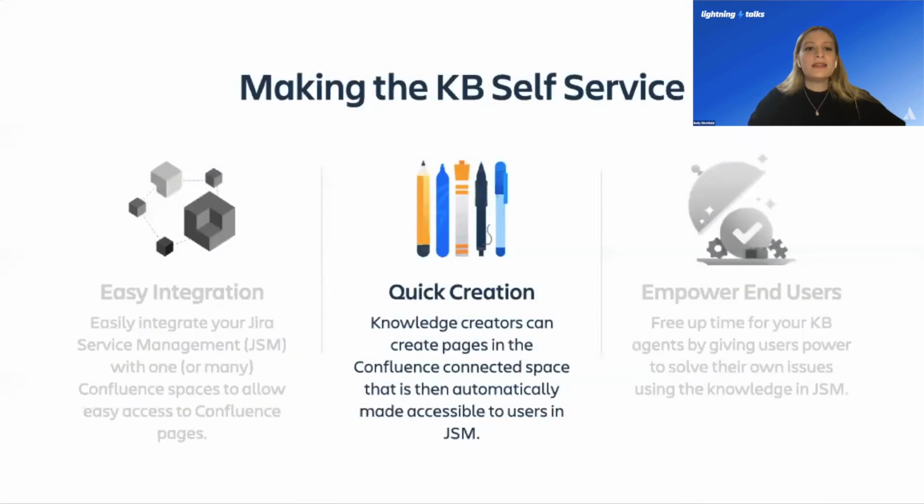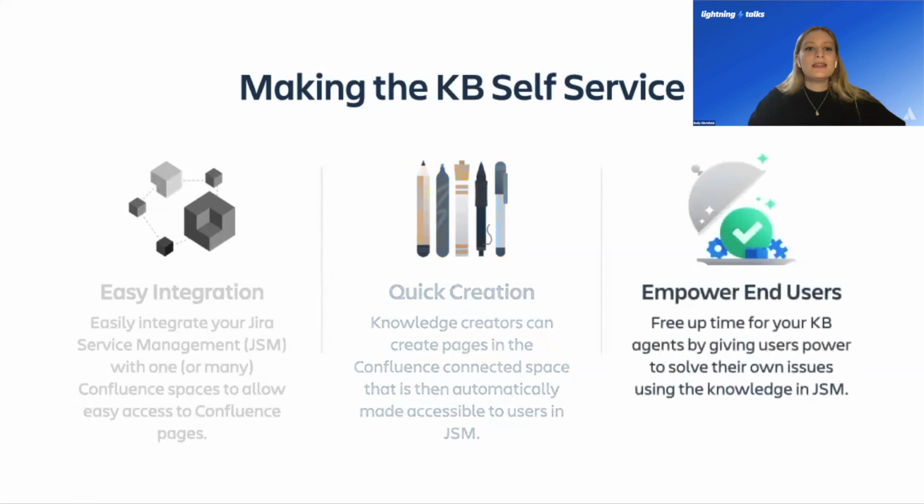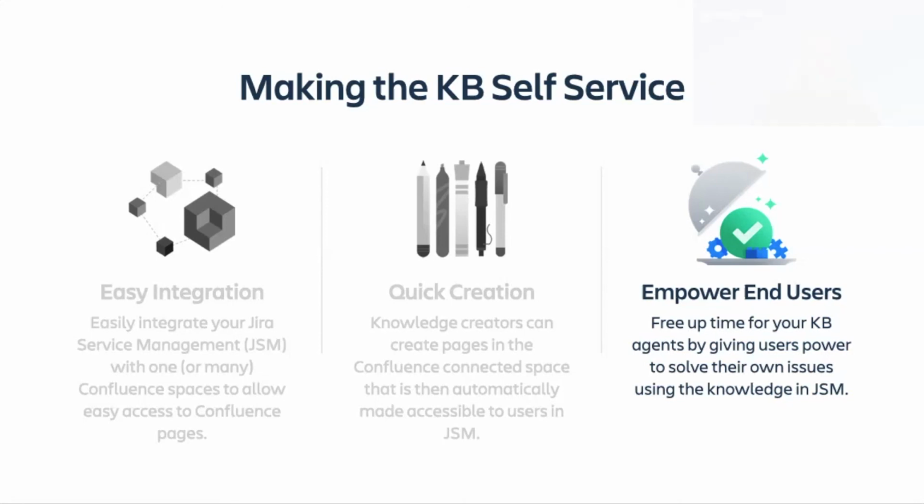This kind of connection enables users to find the information easily in a space where they go looking for answers. This empowers users to find their own solutions through your beautiful content that you made with templates. And in turn, it frees up the capacity of your team to solve problems that are more complex and to get higher satisfaction from those who need help fast.